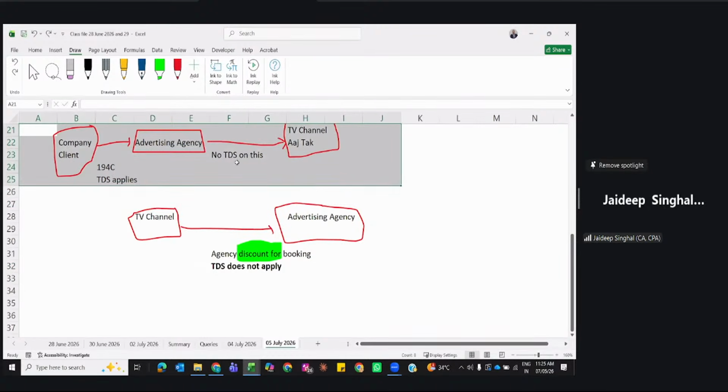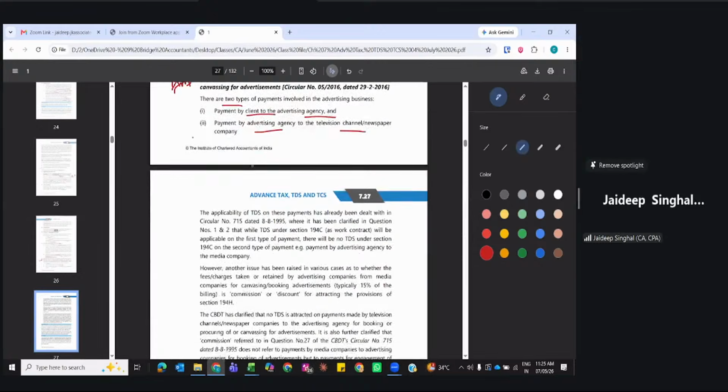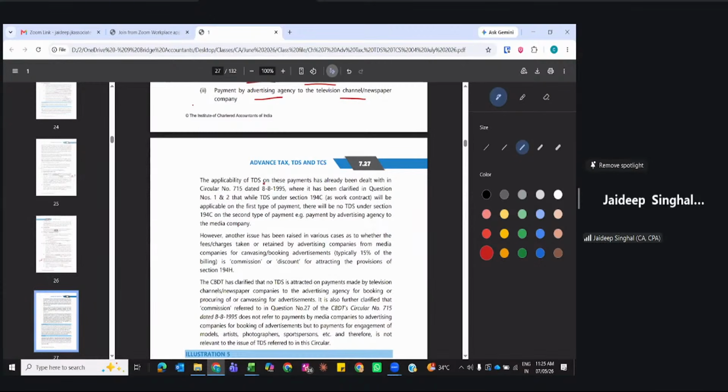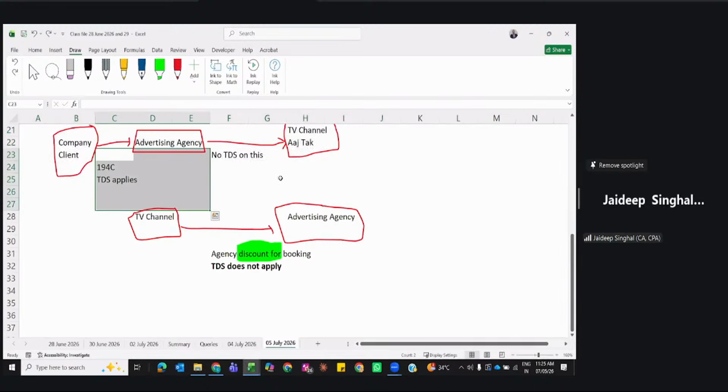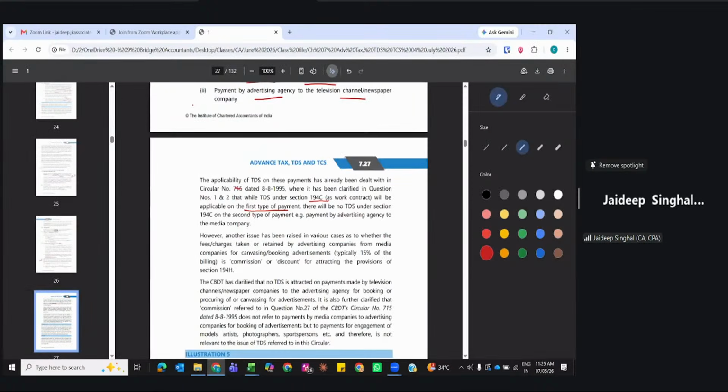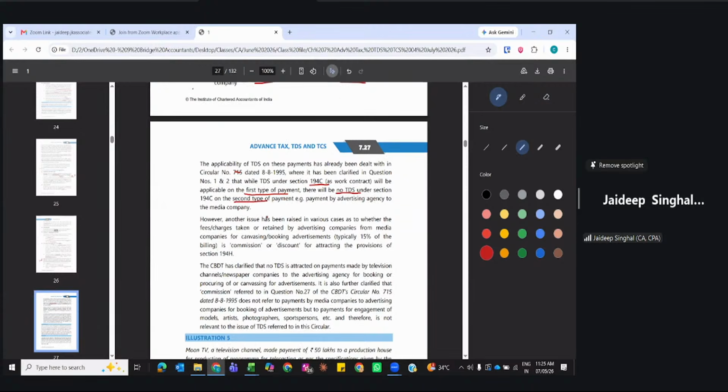On the first, TDS applies; on the second, TDS doesn't apply. The applicability of TDS on this payment has already been dealt with in this circular. It is 194C. TDS will be applicable on the first type of payment, and there will be no TDS under section 194C on the second type of payment.